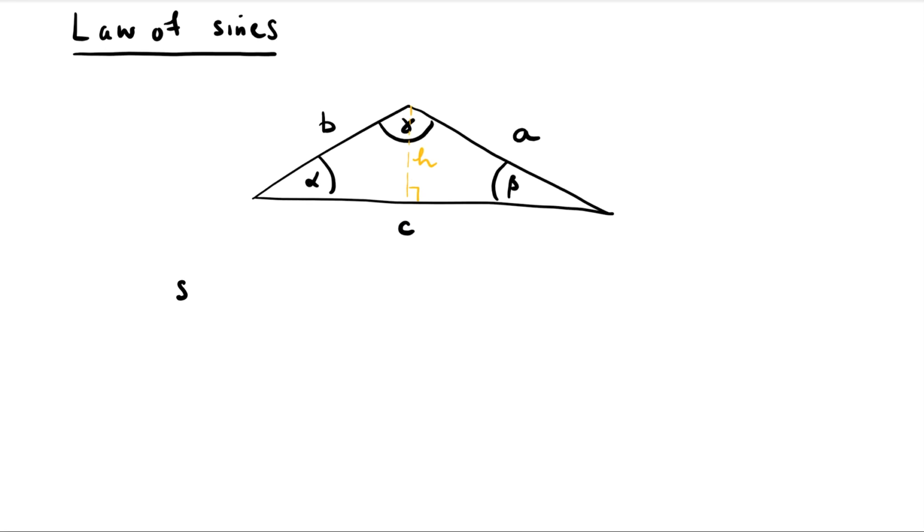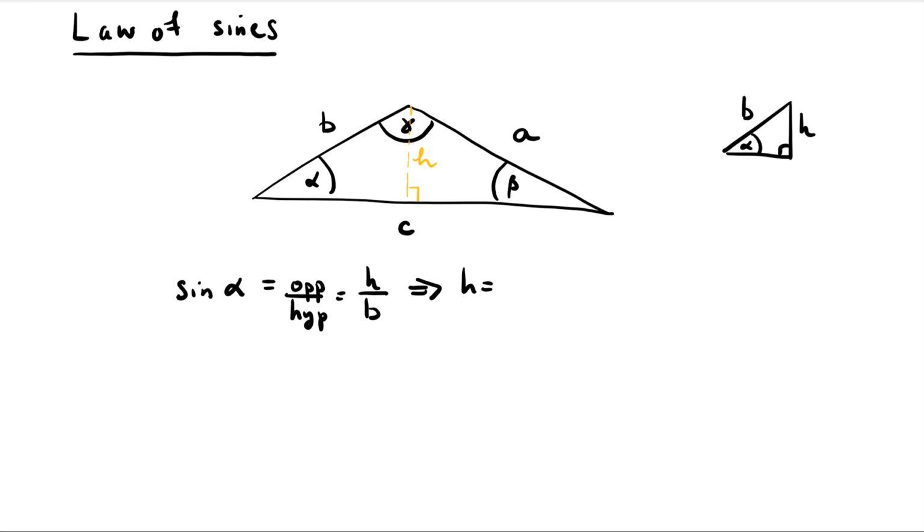The sine of alpha, if I look at this triangle with side H, hypotenuse B, and angle alpha, it's a right triangle, because H is the height of the triangle. So sine is opposite over hypotenuse, so in this case it's H over B, which implies that H is B sine alpha if I solve the equation for H.